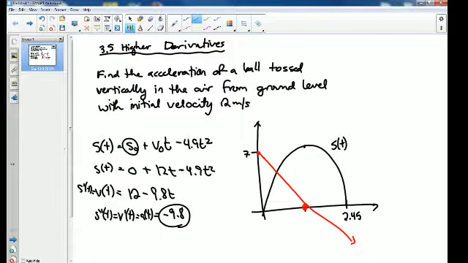And then what is the acceleration? It's constant. Negative 9.8. So the acceleration is down here. Negative 9.8. Right. Then you've got your 2 derivatives in your original.